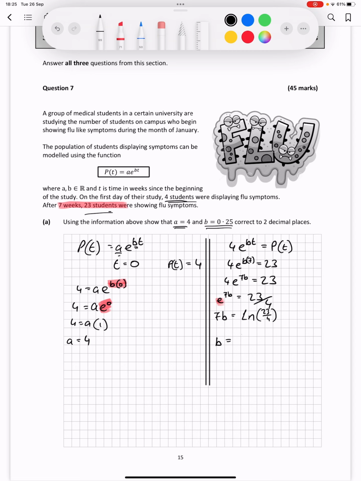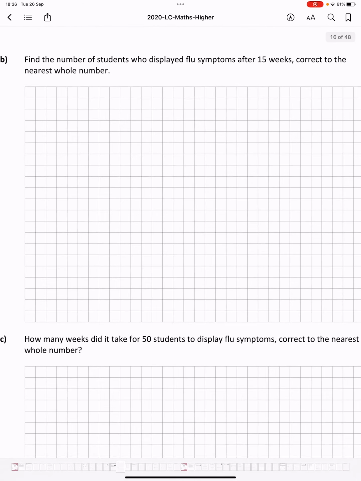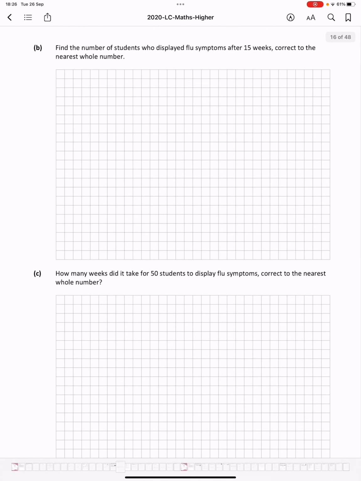And so b is equal to ln, or log base e, of 23 over 4, divided by 7. Is that okay? That should get you b is equal to 0.25, correct to 2 decimal places. So moving on. So that's that first one. Whatever, it took me 2-3 minutes. It should be worth 10 marks, and we move on then to part b.